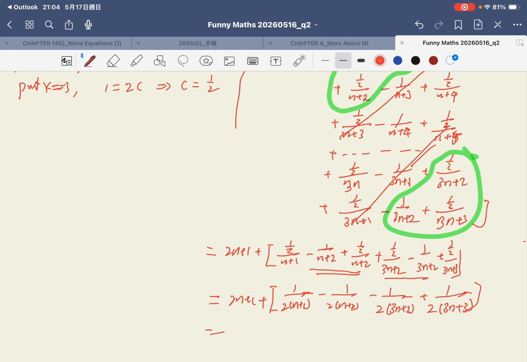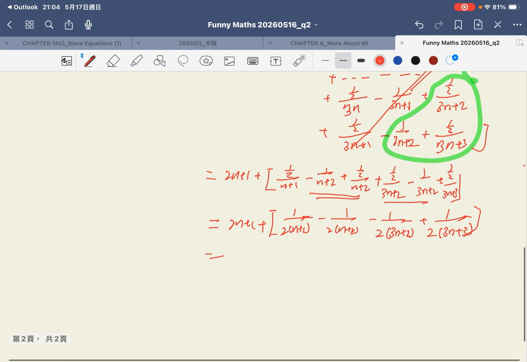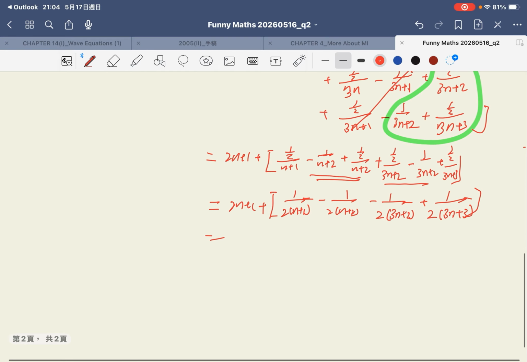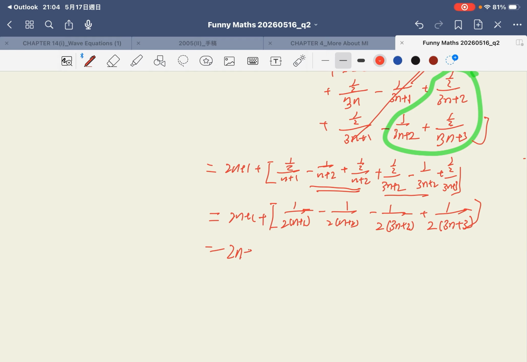I think for the last step, we have to make a common denominator. I finish it term by term.